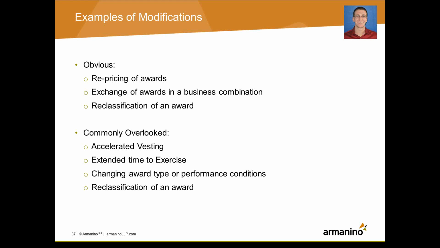Repricings are pretty simple. The value of the company stock has dropped and the company wants to change the option exercise price. But some of the other ones maybe happen on the back of a napkin or a consulting agreement where you really like that person and they provided you 8 months of great service, and so you allowed them to just exercise 25% of their shares without documenting that or recording any expense associated with it.